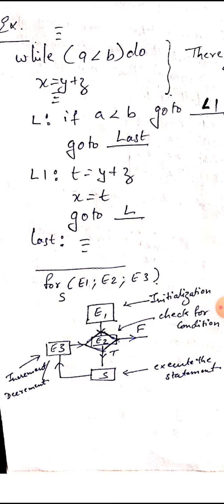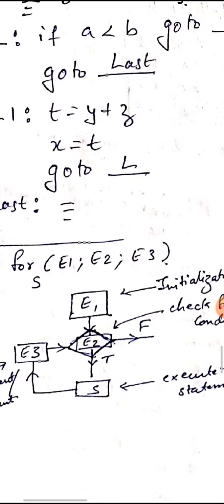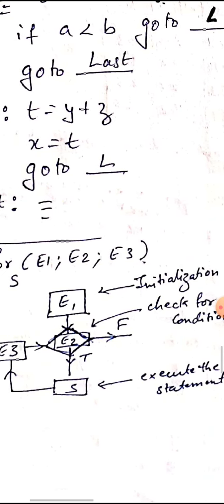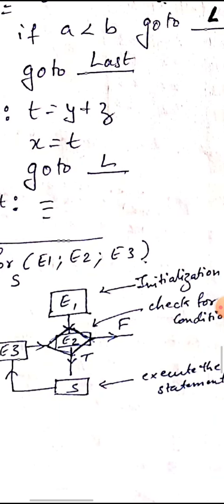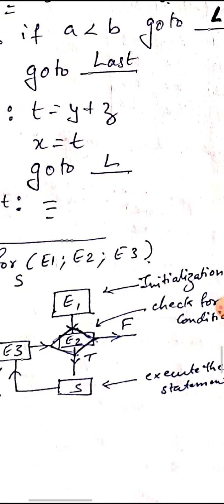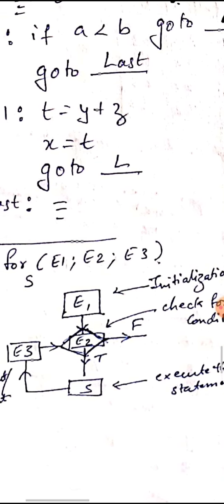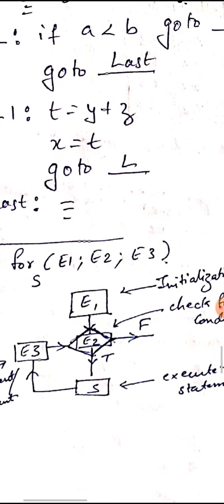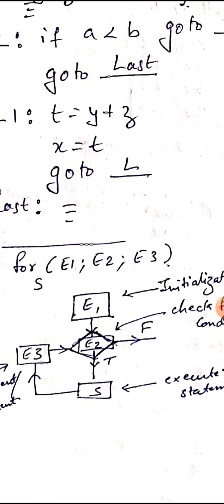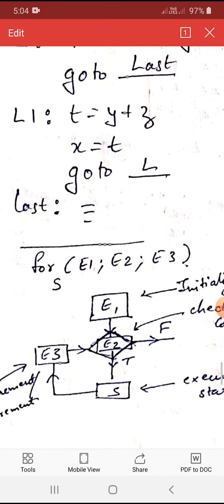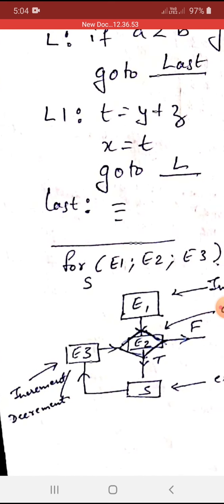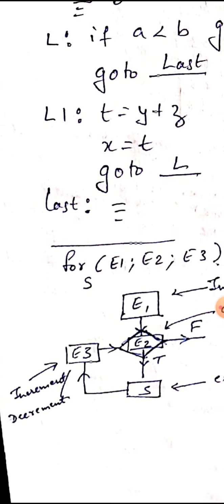Inside the loop, there is initialization, then checking for the condition would be done, which is nothing but the things that we have seen in the while loop. So if the condition is true, it will remain inside the loop, and at one place that condition has to be made false, it will come out of that. And the statements we want to execute are the statements inside the loop, right?